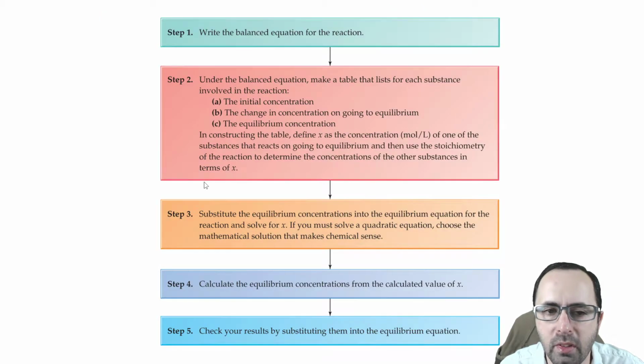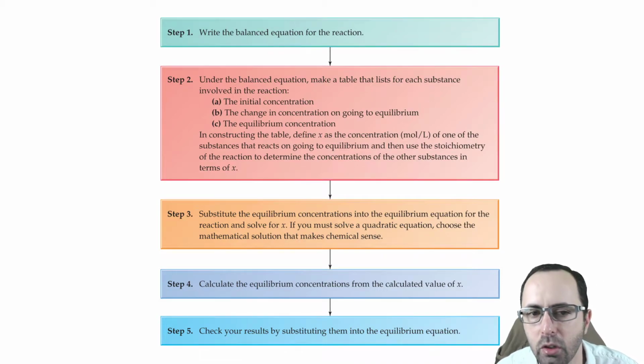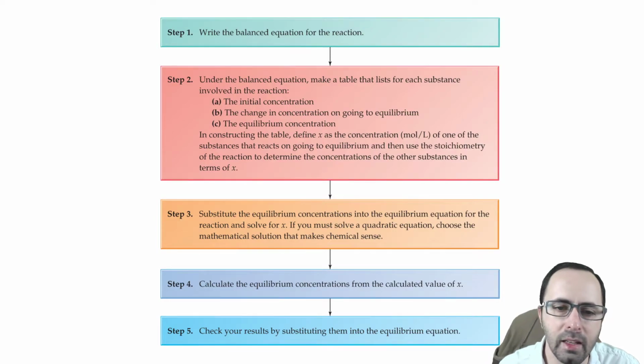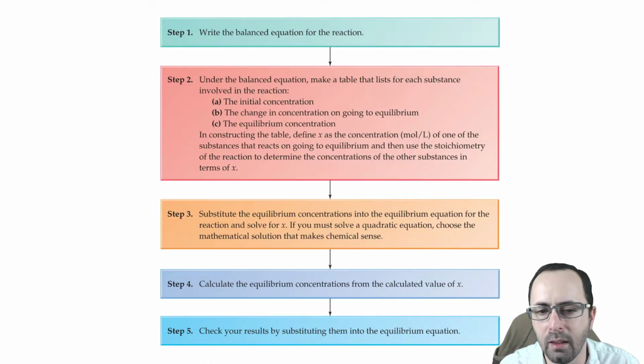The general procedure that we're going to be doing is first we'll write a balanced equation for the reaction. This time the equation was given to us. And then under the balanced equation, we'll make what's known as an ICE table. And ICE stands for initial concentrations, change of concentrations when it's going to equilibrium, and then finally E in the ICE is the equilibrium concentrations.